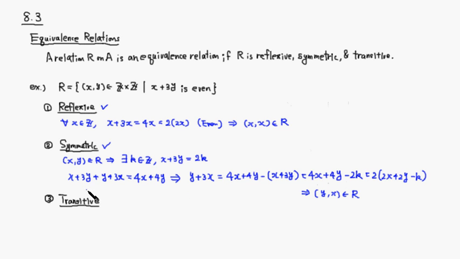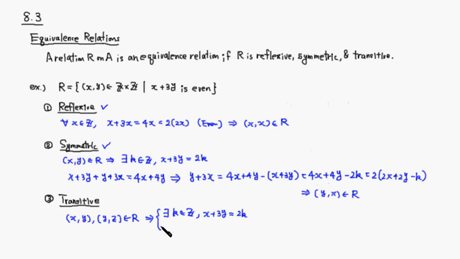Right, let's check transitive. So we know that, say, x is related to y, and also y is related to z by this relation. So this means that there exists some integer k such that x plus 3y can be written as 2 times k.